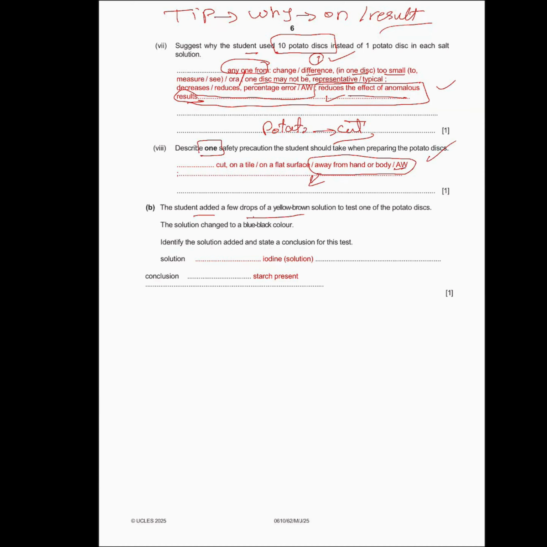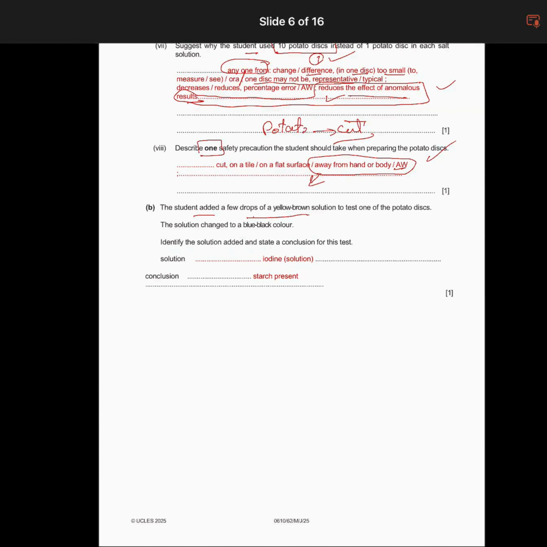Then the student added a few drops of yellow-brown solution to test one of the potato discs. The solution became blue-black. So what did we test on the potato disc? Potato means what? Starch. What do we use with the starch? Iodine solution. What is the positive result? The positive result for iodine solution is blue-black color.